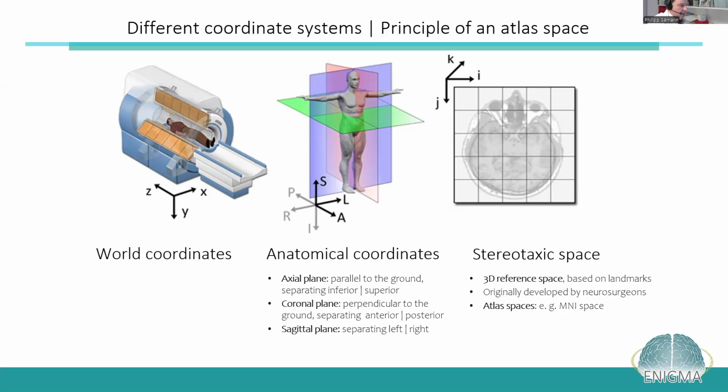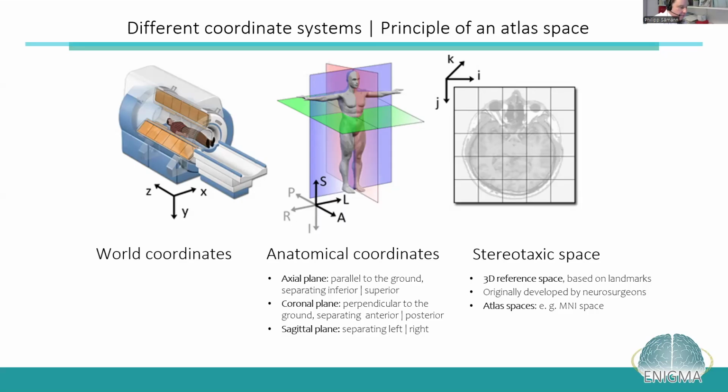You have coronal planes that separate anterior and posterior, and you have sagittal planes that separate left and right.